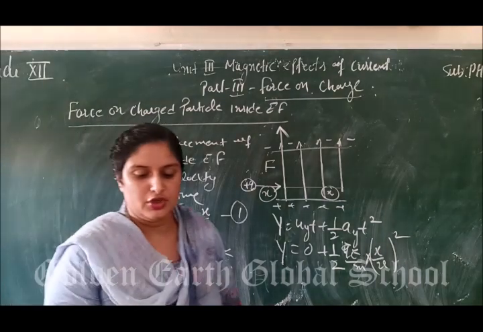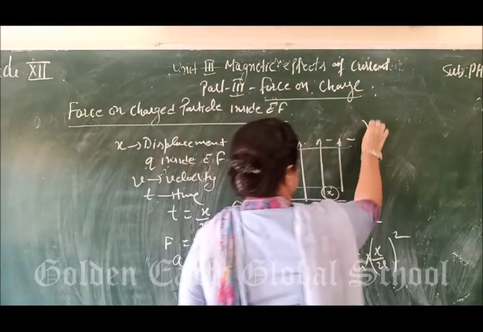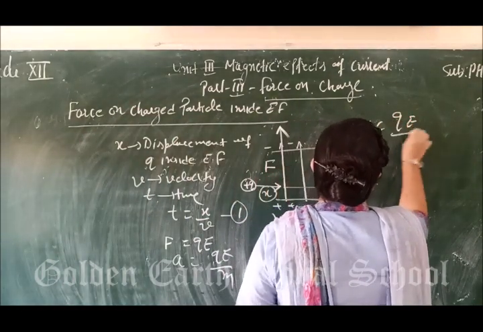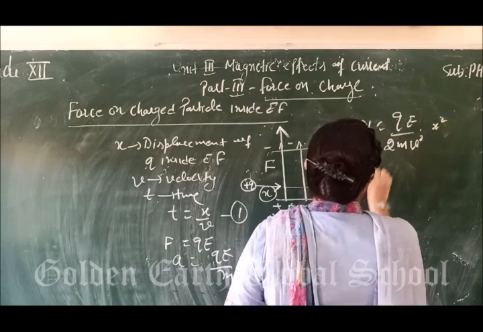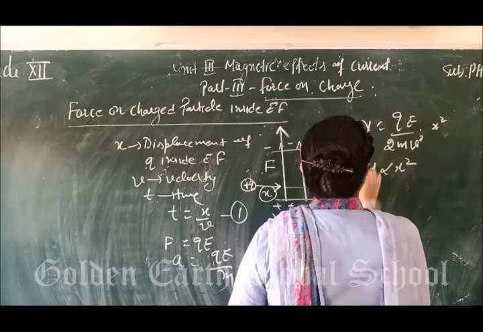From this equation you will get y is equal to QE upon 2mv square into x square, or y is proportional to x square.